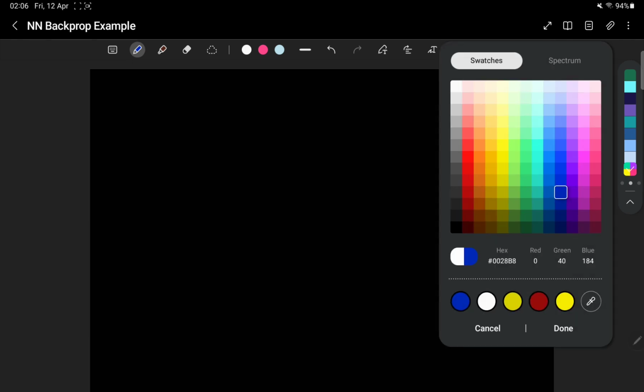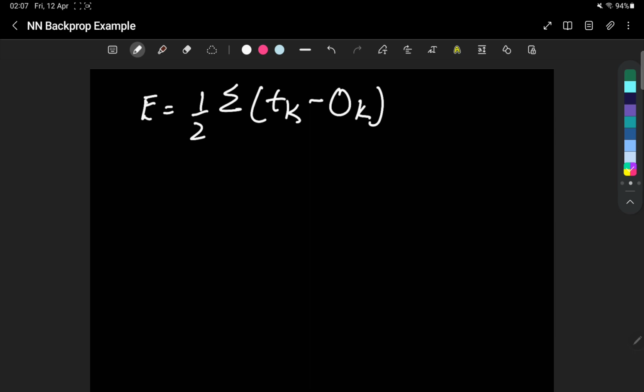Let's now put these values in this particular scenario. The value of E that I have is half the summation over all the outputs that are coming in. t is my desired output, and o_k is the output of the neuron of my output layer.